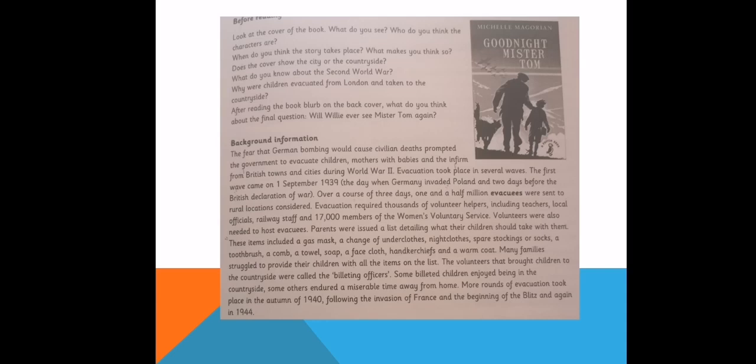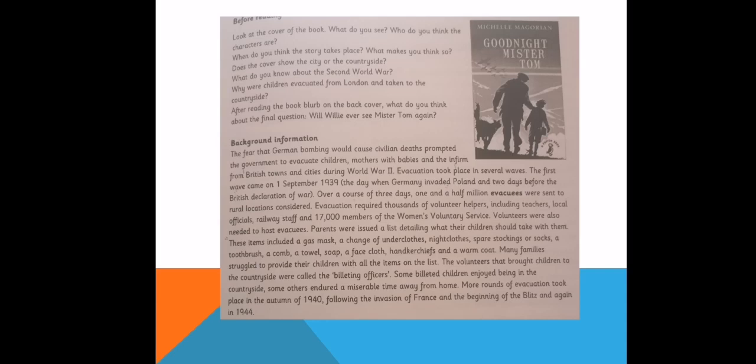And because of that, the government decided to evacuate, or to move, as many children as they could, and women with young children, or pregnant women, and elderly people, and people who are very sick, to the countryside, because the countrysides were not a target of these bombings. This story takes place during that time. One of the main characters is a young boy who was evacuated, and he was sent to live with an elder man or an older man in the countryside.